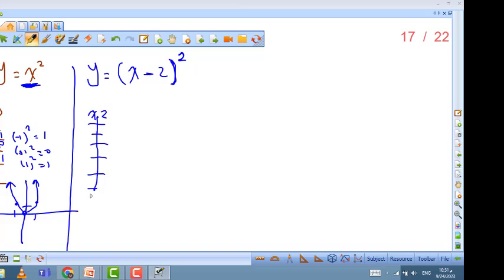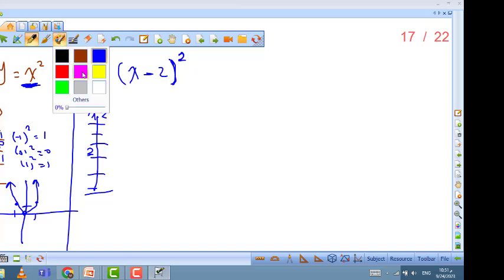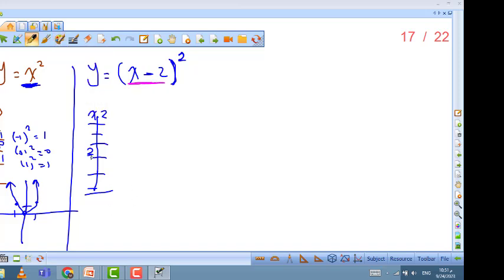When x is moved by -2, I change the sign of 2 and put it here. Or you can take what is inside the parentheses equal to 0. I can take what is inside to get x of the vertex. x minus 2 equals 0, so x is 2.